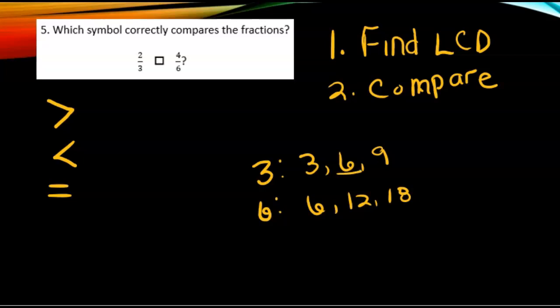Look, 6 is your least common multiple. So you don't have to change your 4/6. It can stay this way. But you do have to change your 2/3 with your copycat fraction to make this, what are you going to multiply it by, so it is a denominator of 6.